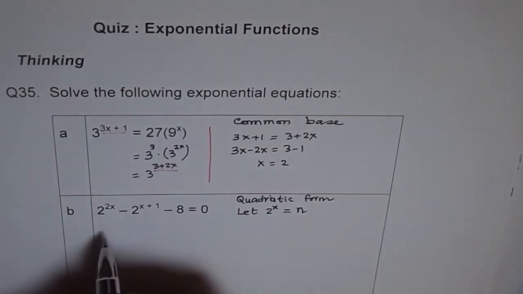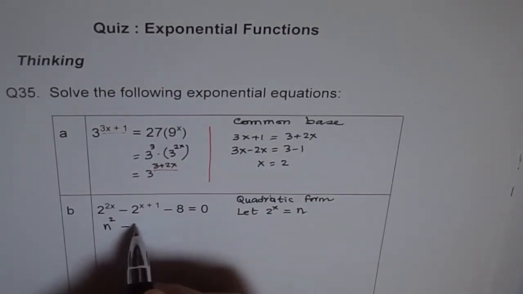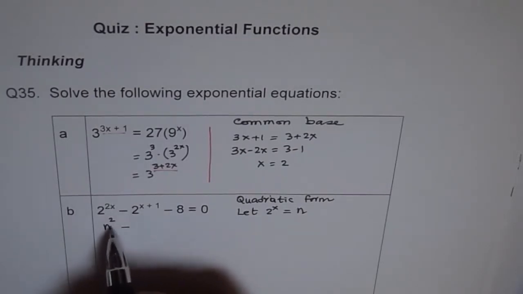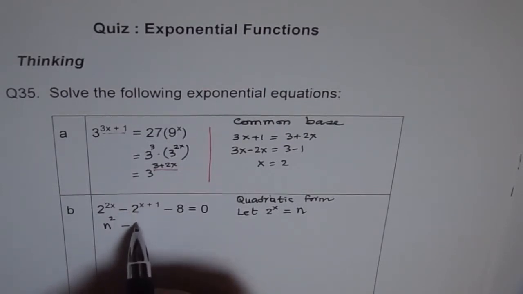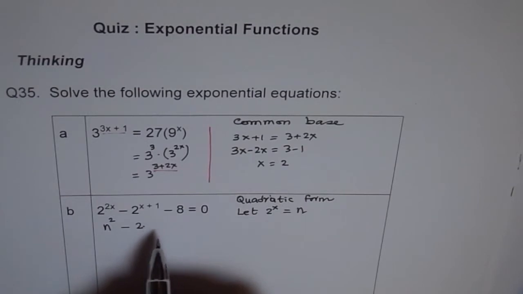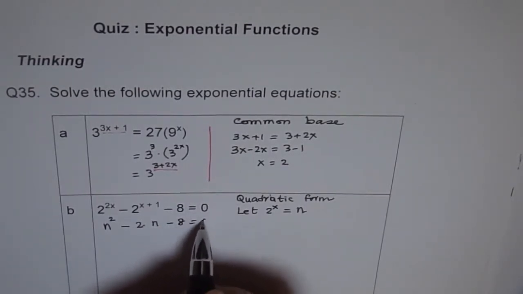In that case, I can write this equation as n squared minus, what? 2 to the power of x is n. So this is actually 2 to the power of x plus 1. So it becomes 2 times 2 to the power of x, right? So 2 times n minus 8 equals 0.